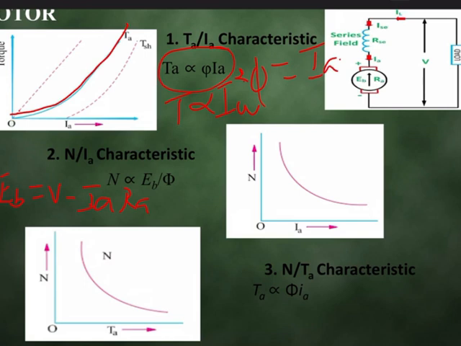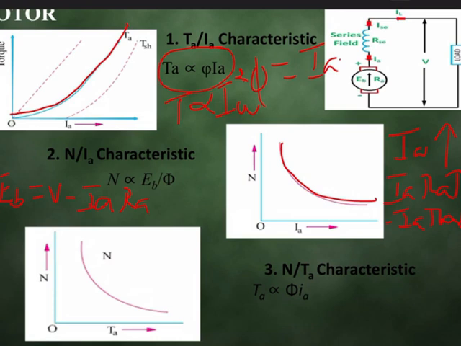Whenever the armature current increases, the drop across Ia Ra also increases. Since we have minus Ia Ra, V minus Ia Ra will decrease. As it decreases, the back EMF decreases. Since speed is directly proportional to the back EMF, as the current increases, speed decreases.